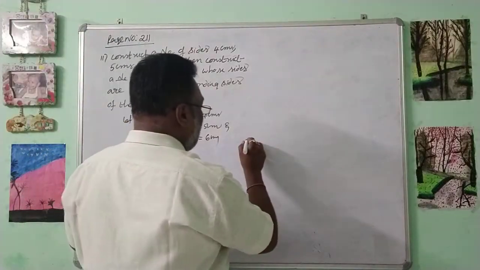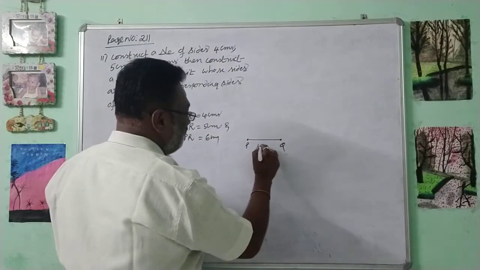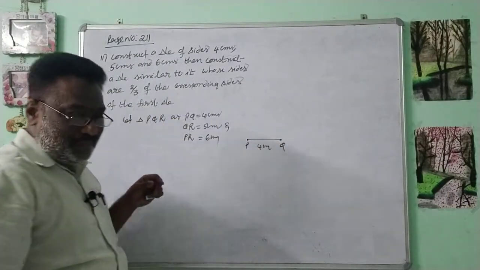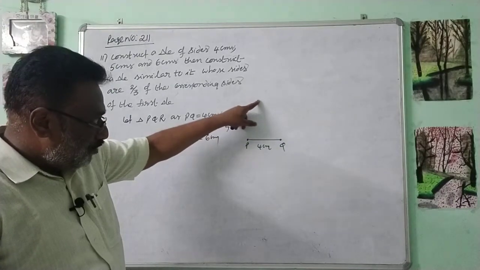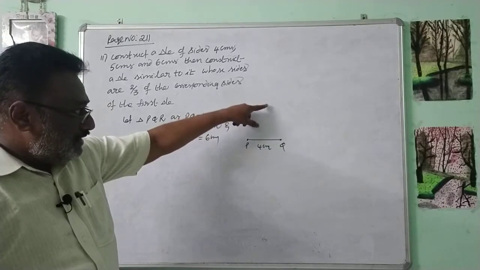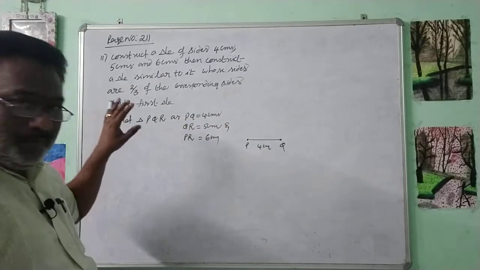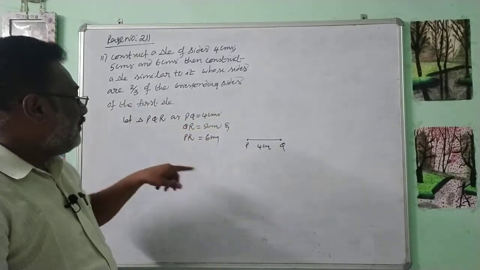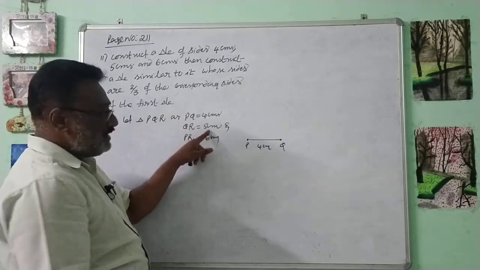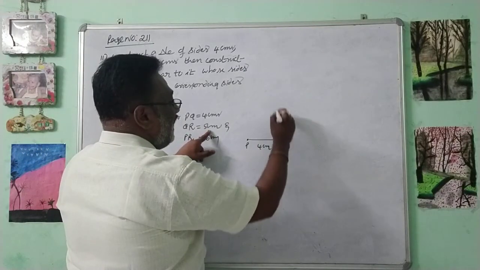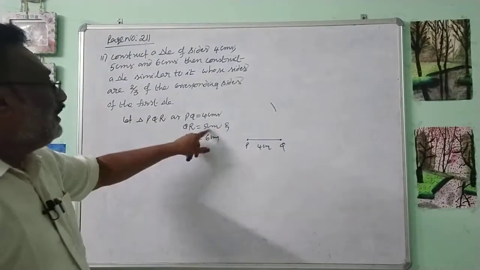Okay, so first I am drawing PQ. What is that measure? 4 centimeters. Next, here we are having one more point of triangle PQR, that is R. To identify that R, PR and QR must have been given in the problem. So PR is nothing but how much? 6 centimeters. QR is nothing but 5 centimeters. By taking Q as center and 5 centimeters as radius, we need to draw one arc. That's all.